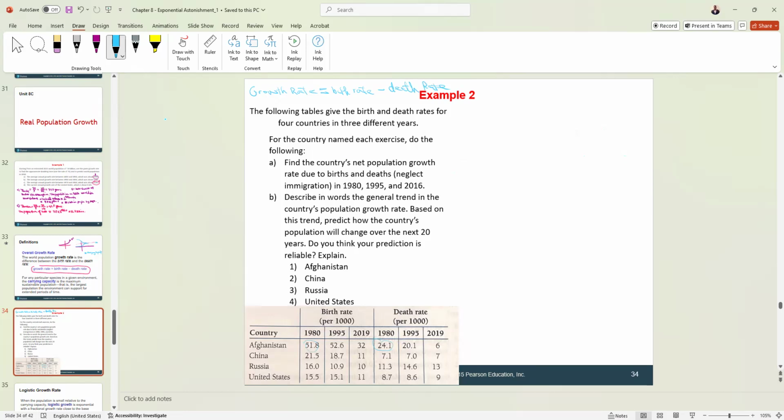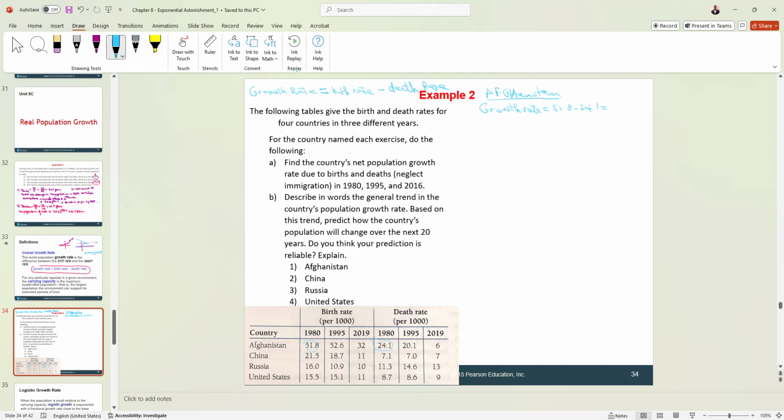So when they ask you for all of them, let's say Afghanistan, we can do each of them separately. So growth rate will be birth rate 51.8 minus 24.1.